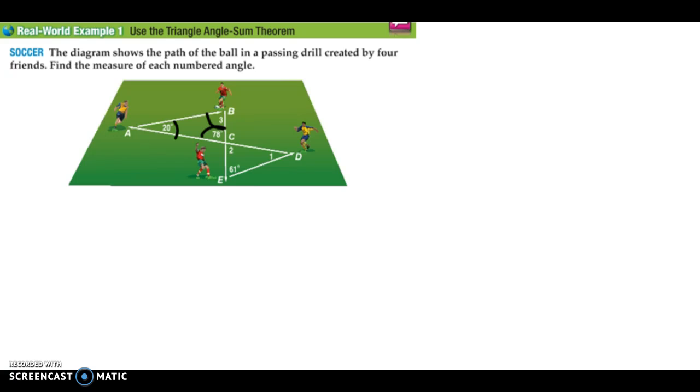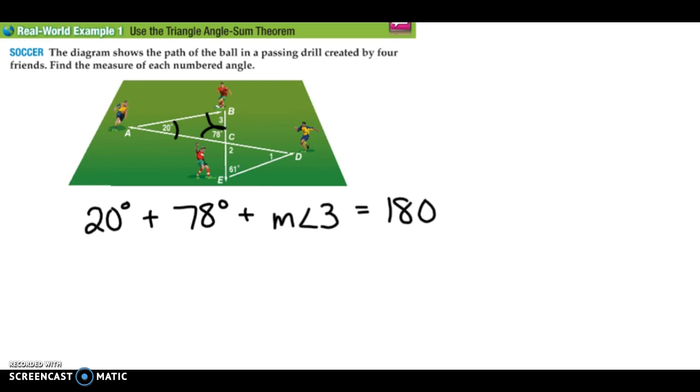So to figure out angle 3, we know that 20 degrees plus 78 degrees plus the measure of angle 3 is going to add up to 180 degrees.